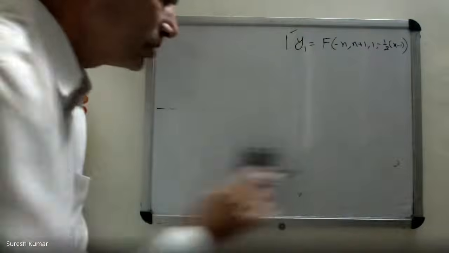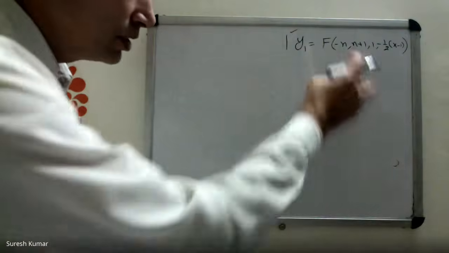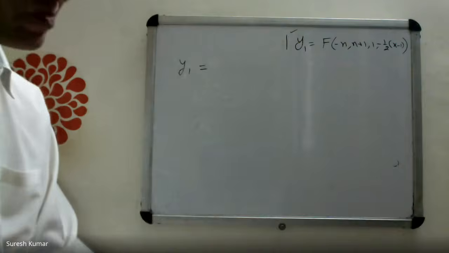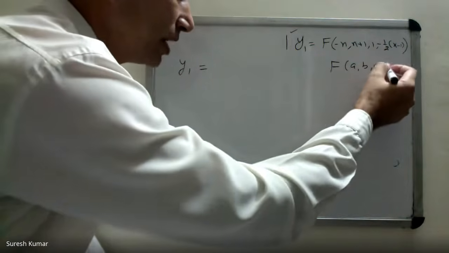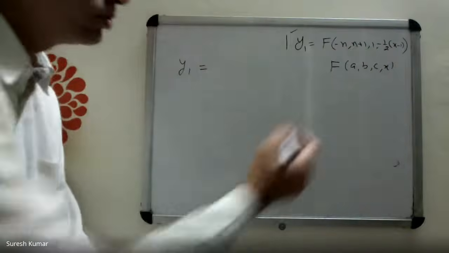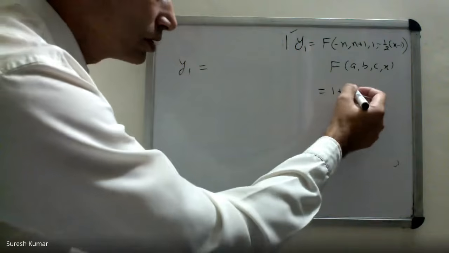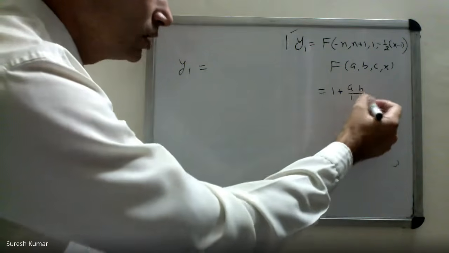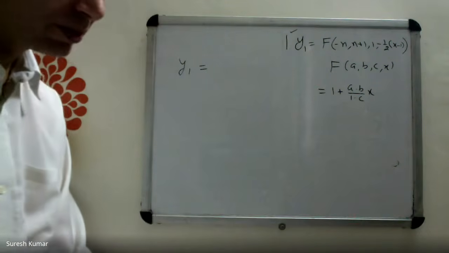Now, next step is write its series form for y1. Do you recall the series for F(a, b, c, x)? Which series does the notation stand for? It's 1 plus (a into b) over (1 into c) x, plus the factorial terms also.